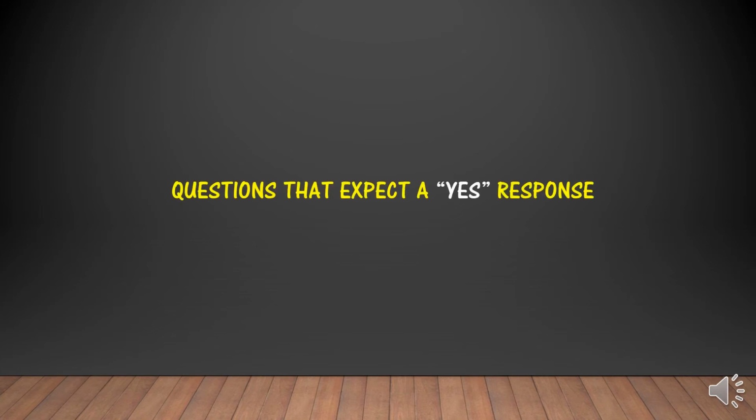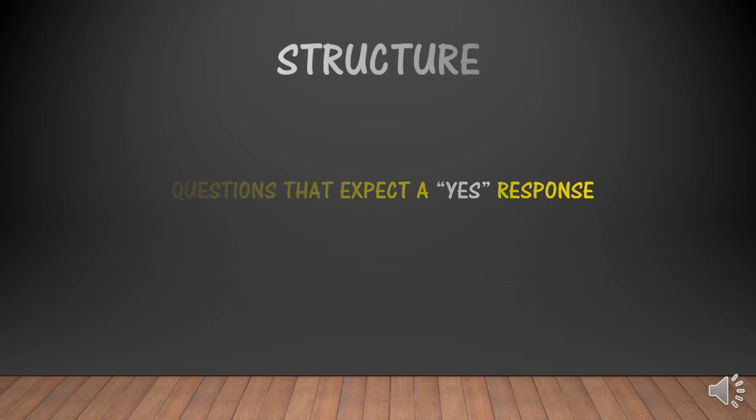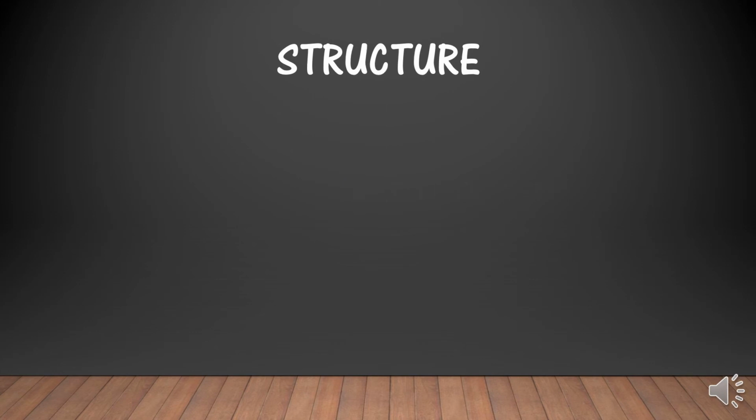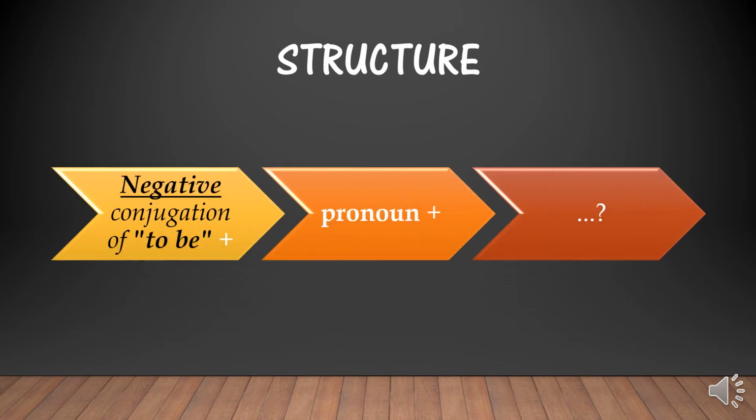So now we come to questions that expect a yes response. These are questions that you ask when you are confirming something, when you already think that the answer is yes. So let's look at the structure of this question. Now what we have here is the negative conjugation of the verb to be.